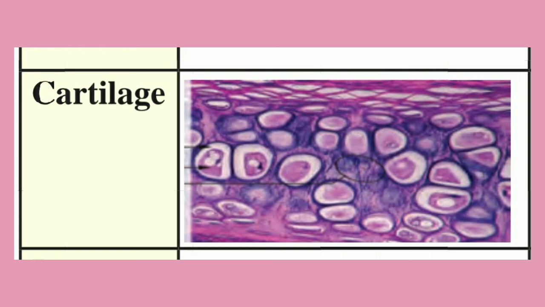Nose, ear, larynx, trachea. Here these cartilages are present. These are the cells supported by fibrous, flexible jelly-like ground substance, and their function is they lubricate the surfaces of bones, give support and shape to the organs.